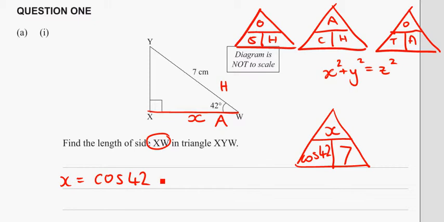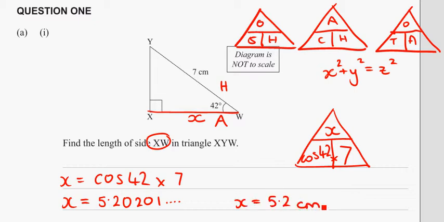X is going to equal cos 42 times 7, there's a times sign in between those. I'm working that out on the calculator, 5.20201. There's more to come, and then we'll do some rounding. X equals 5.2, we're in centimetres, and that's been rounded to 1 decimal place.